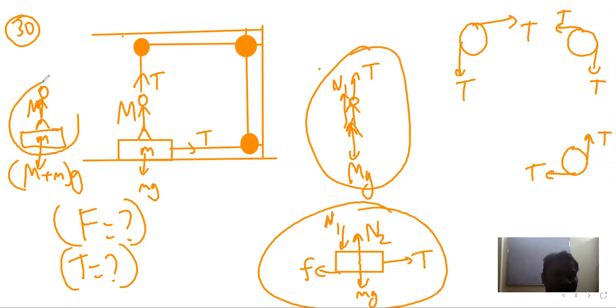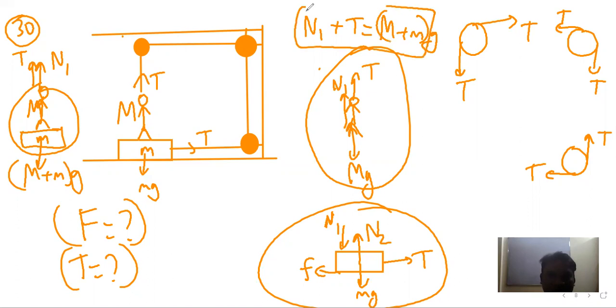Normal reaction is N1 and we have a tension force T. So N1 plus T equals M plus m into g. So N1 plus T is M plus m into g.